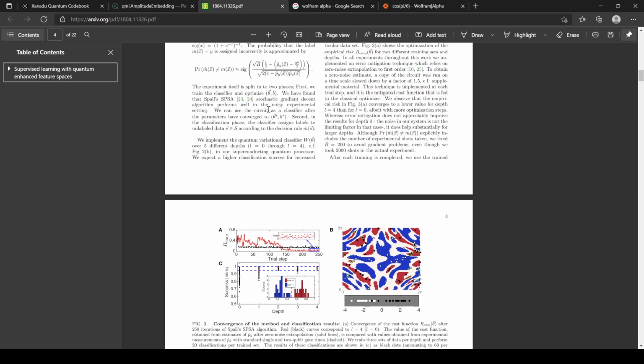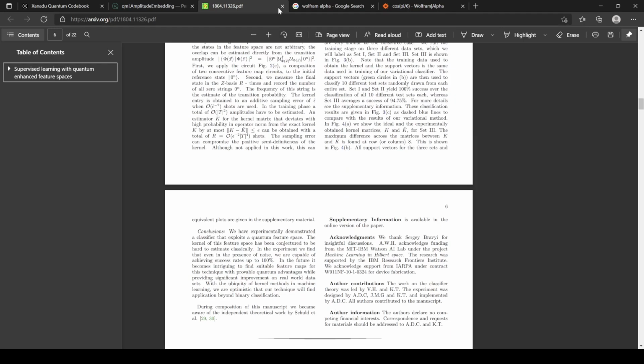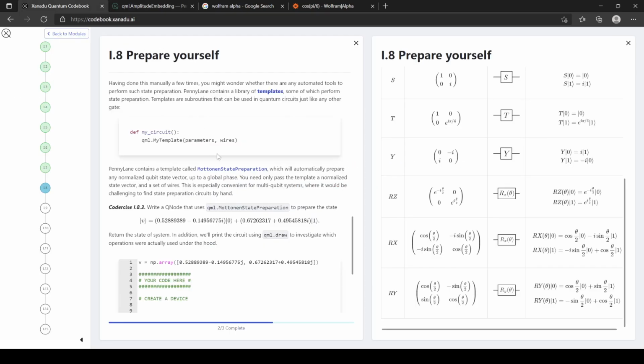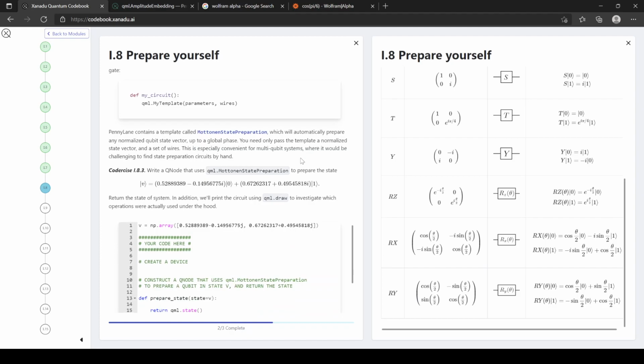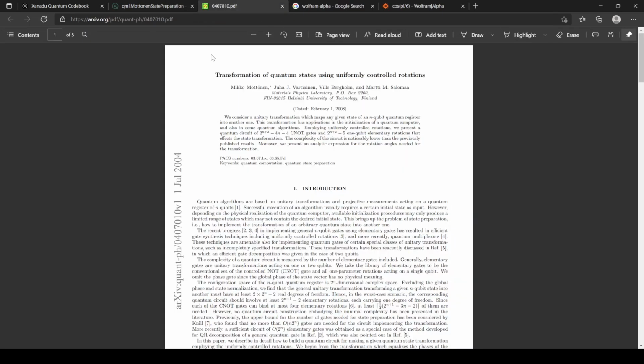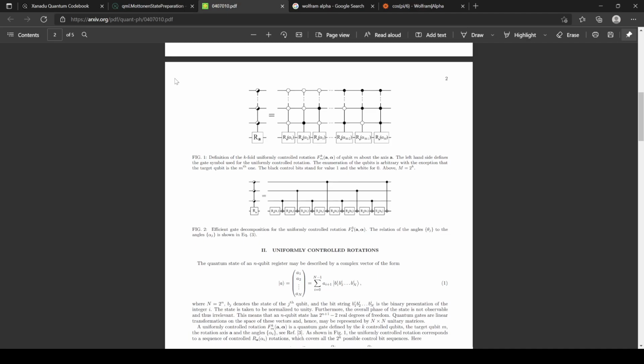Oh, I know this paper. I didn't realize that that's what that came from. I believe in Qiskit, it has a name called ZZ feature map. But that's not important. Okay, Mottonen state preparation is also not something I'm familiar with. Let me check it. Oh, never mind, I am familiar with this.